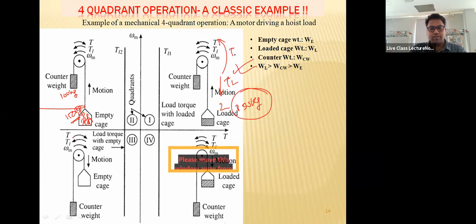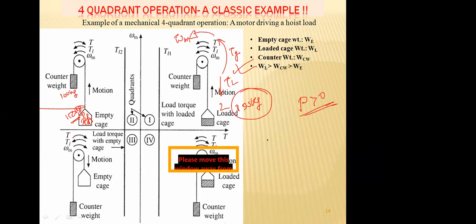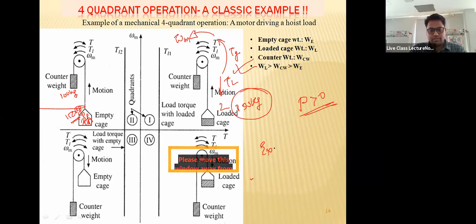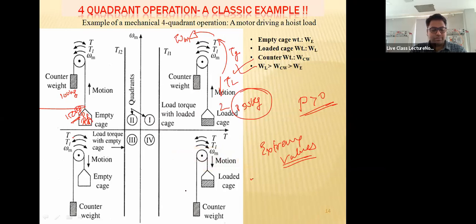So the value of TG is positive and the motion omega m is also positive. So it would be consuming power. Is it okay? So whenever you're taking a case, always go for the extreme values, so your design will be within these limits, right?